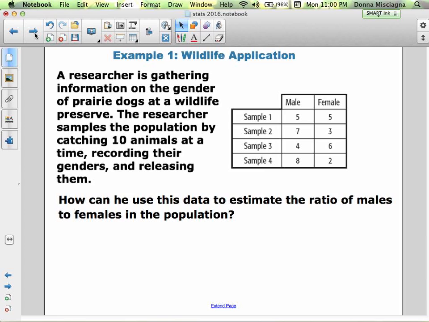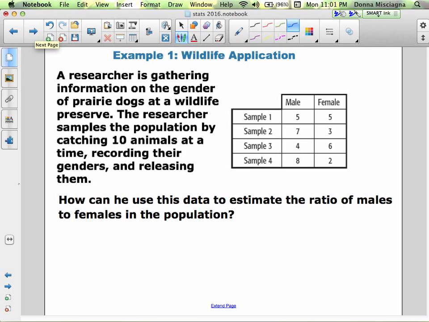A researcher is gathering information on the gender of prairie dogs at a wildlife preserve. The researcher samples the population by catching 10 animals at a time, recording their genders, and releasing them. How can he use this data to estimate the ratio of males to females in the population?